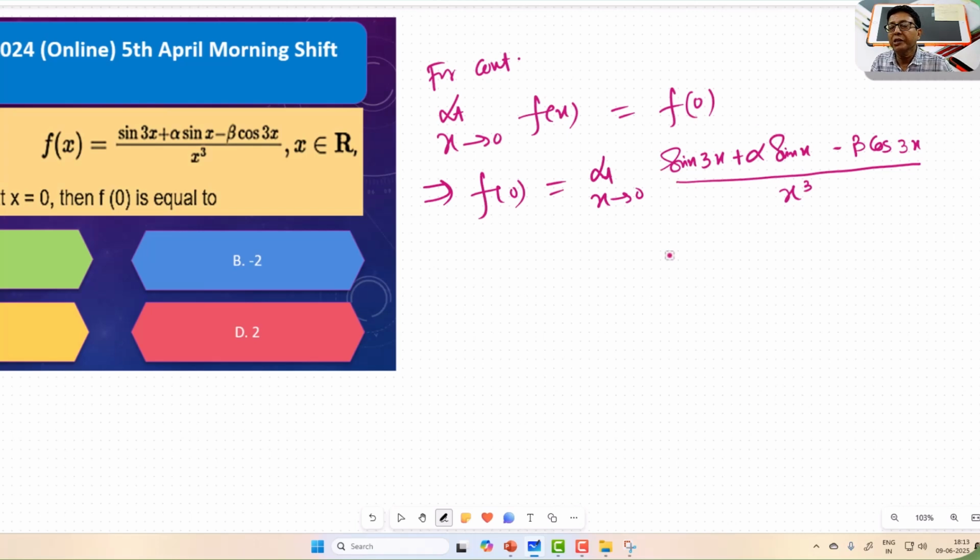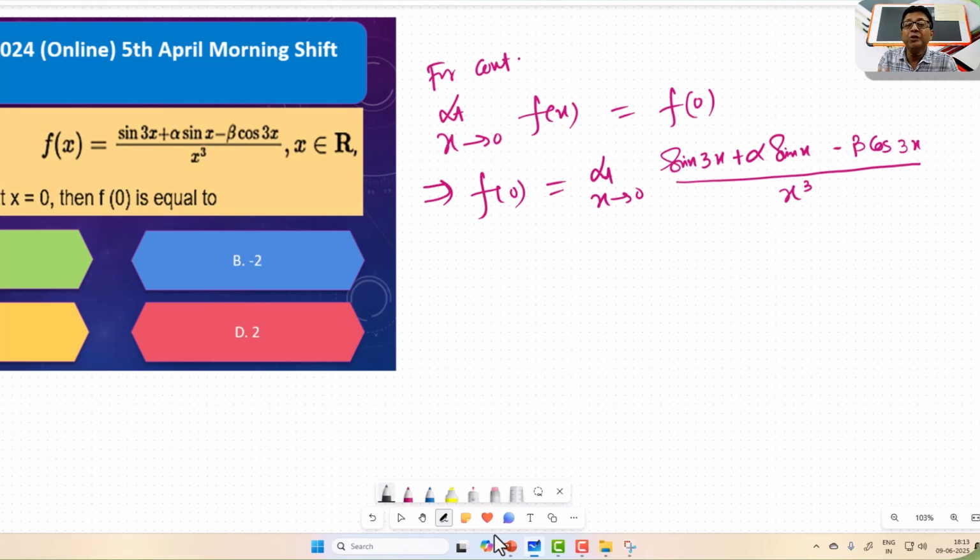So this form, is it going to be 0 by 0? Just as per our discussion in the previous sum, I told you evaluation of this limit is possible if the form is 0 by 0. So right hand side, is it 0 by 0 form? No, because this is 0, this one 0, but this one not.